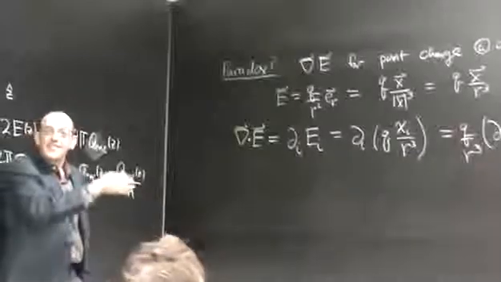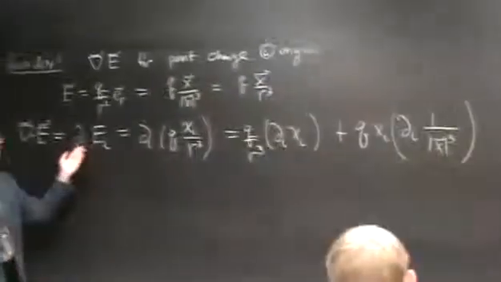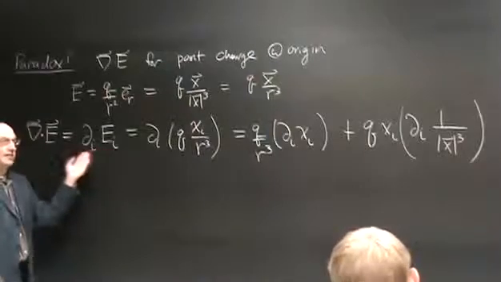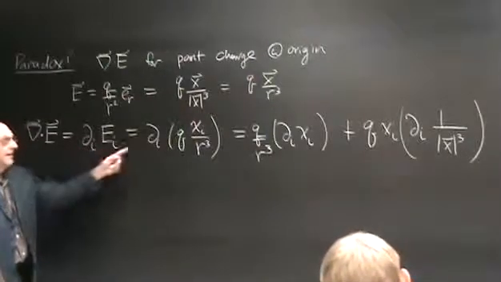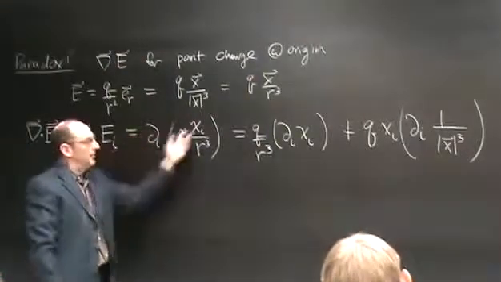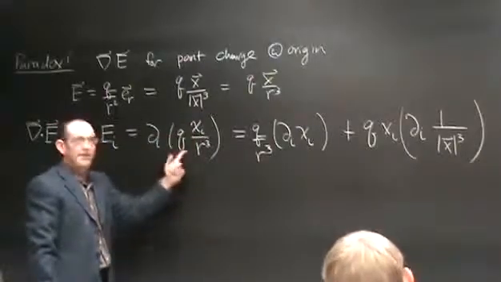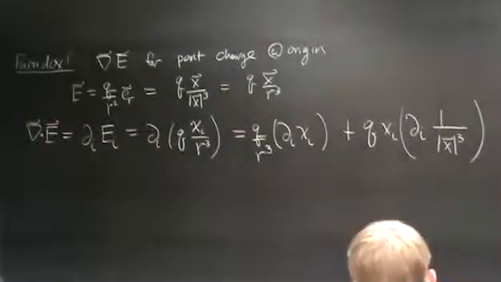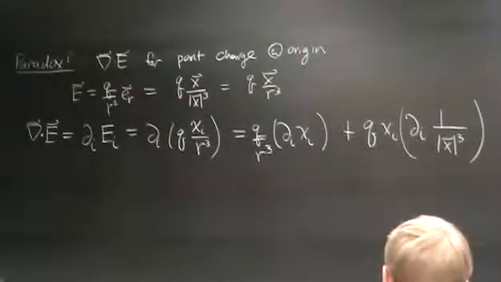Is everyone clear on how all that worked? I wrote out the divergence in terms of summation convention, and Q is some number, but these are position dependent, so I just take the derivative according to the product rule.